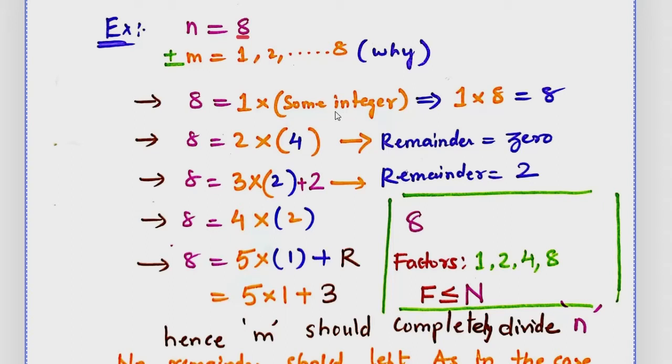Some integer times 1 equals 8, and we get n. So we consider this 1, m, as a factor of n, or a divisor of n. Factors are nothing but numbers which divide a number completely.